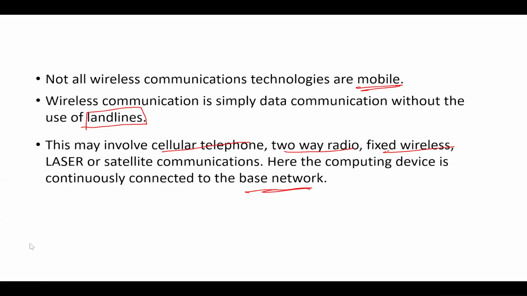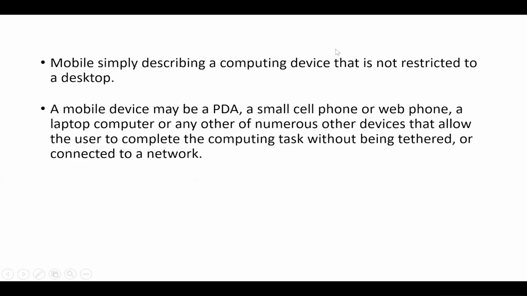Then what about mobile computing? How is it mobile computing? Mobile simply describes a computing device that is not restricted to a desktop. When I talk about mobile computing, it is a mobile with the help of which we can do computing.